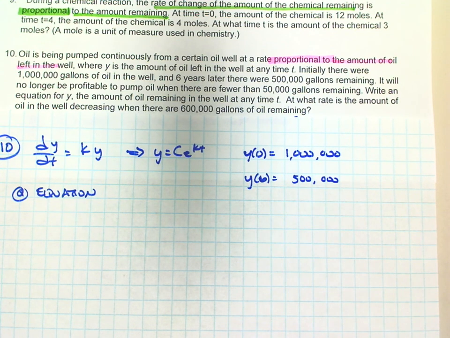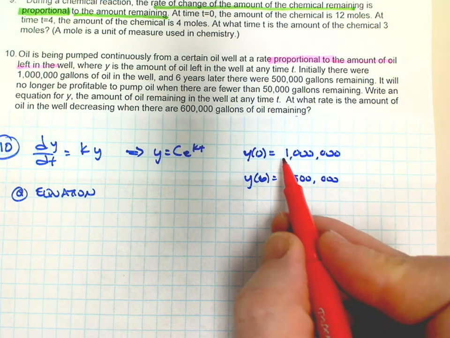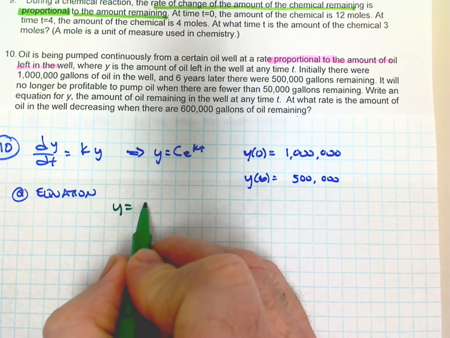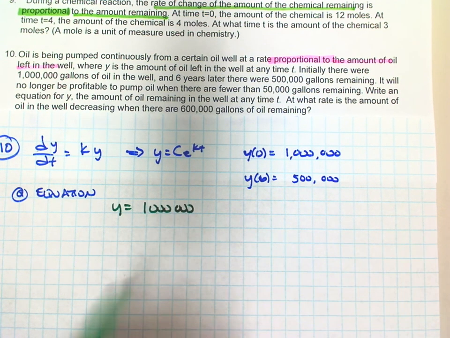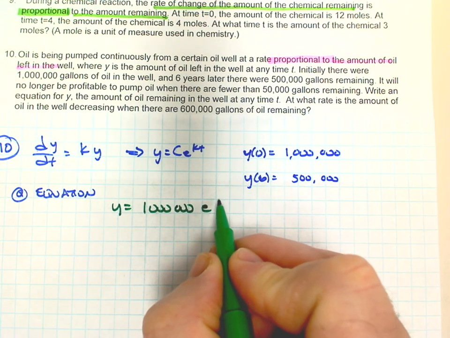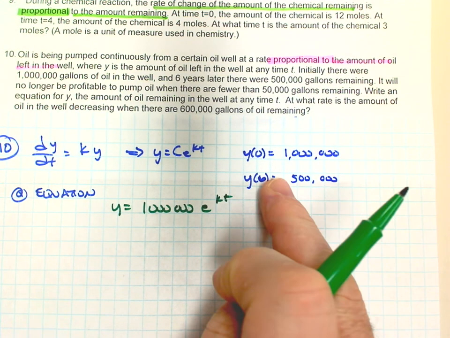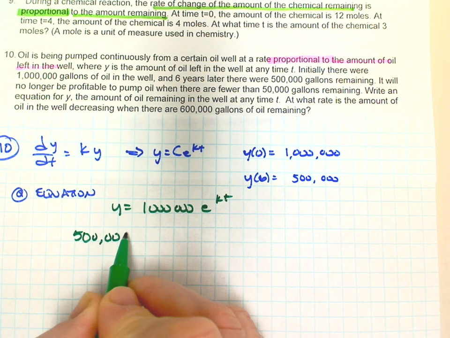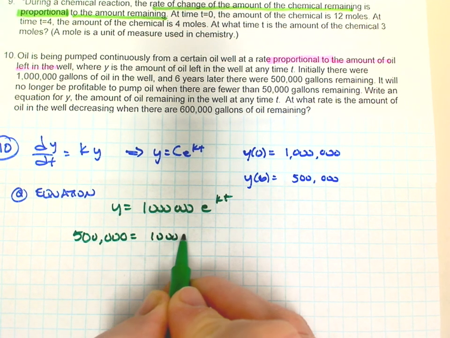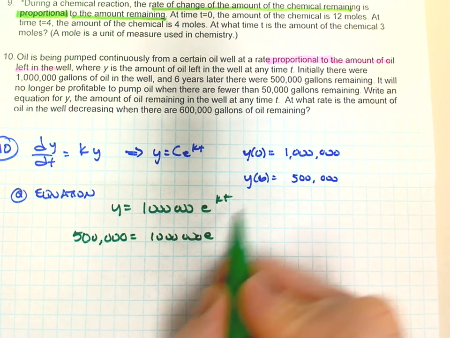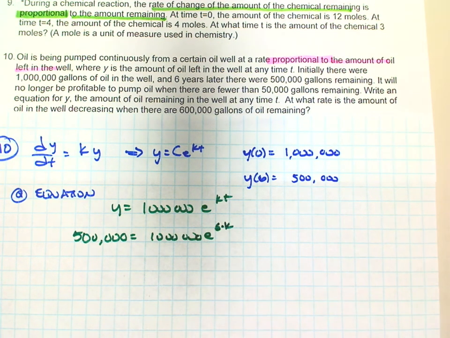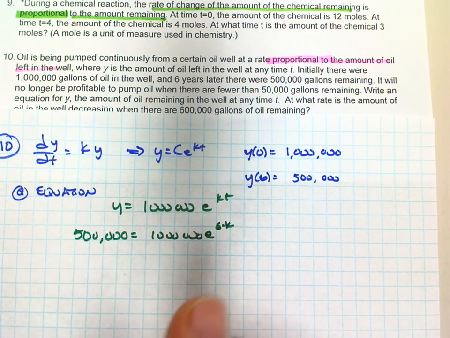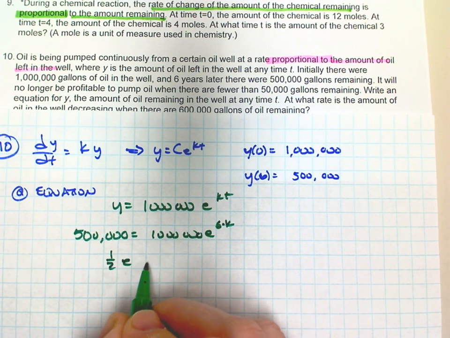So as we've done before, we just substitute this initial value in, and our equation will be y equals 1 million e to the kt. Substitute in the given amount of 500,000 when our t was 6, or 6 times k. Divide by a million. 500,000 divided by a million gives us 1/2.